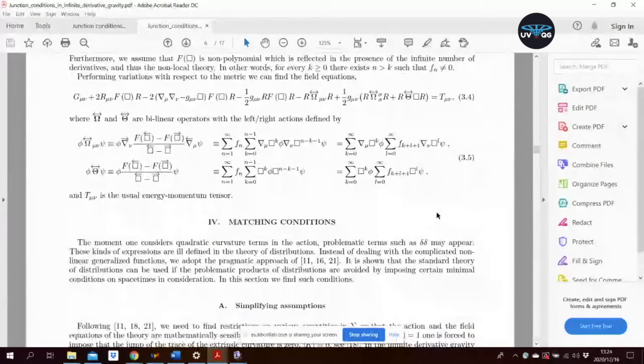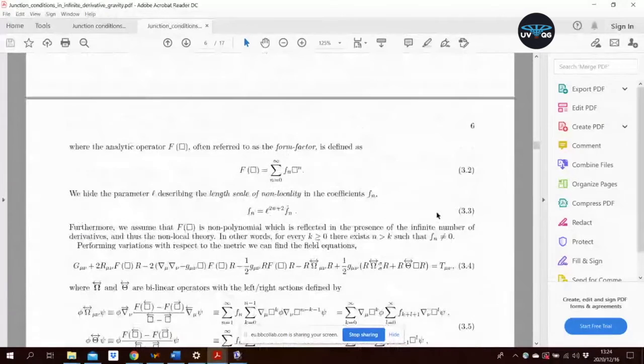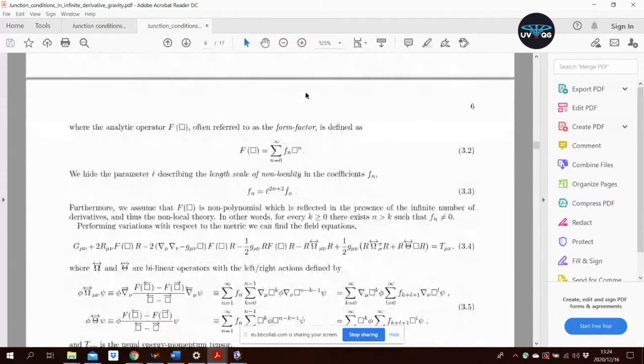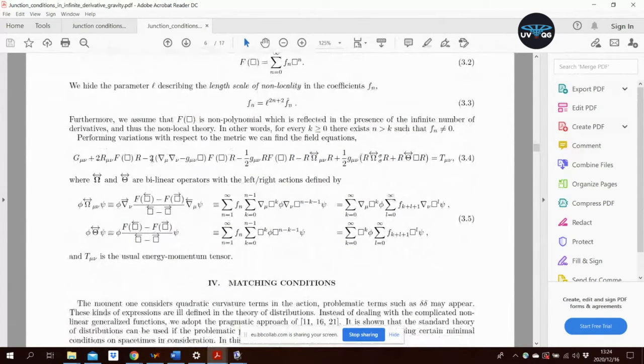So let's see. Since this D'Alembertian involves the metric, when you perform variation with respect to the metric, the field equations become quite complicated.